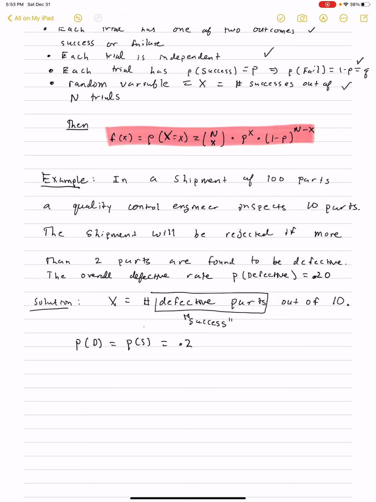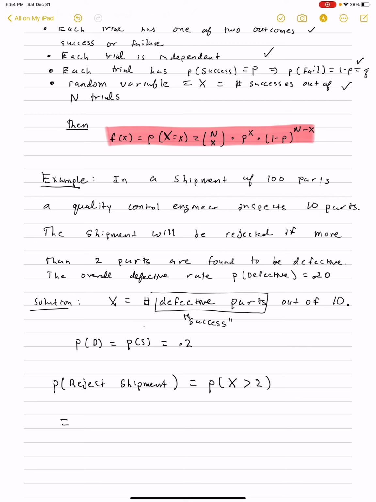So we are asked here to calculate the probability that the shipment is rejected. So reject shipment. We're told the criteria to reject the shipment is if more than 2 parts are found defective. Well, there's a lot of scenarios that correspond to more than 2 parts.